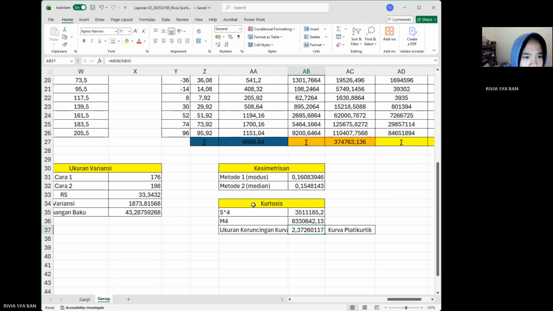This indicates a platykurtic curve, meaning our data distribution is flatter than a normal distribution with lighter tails.